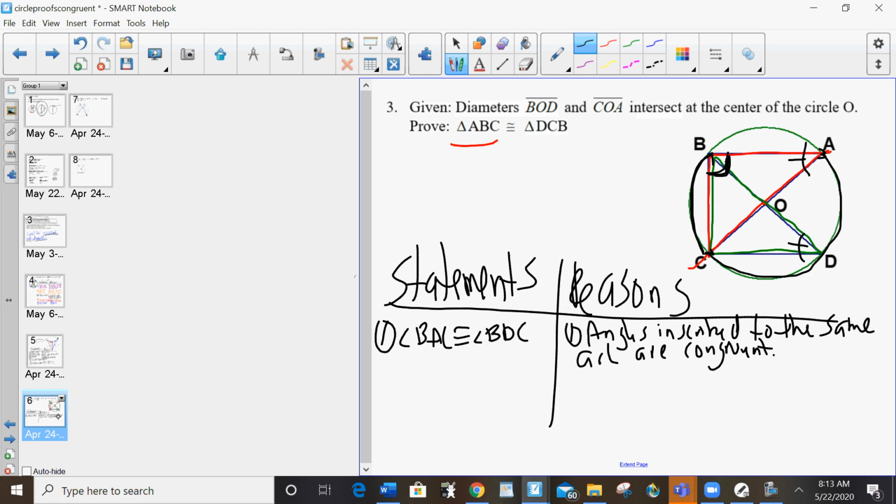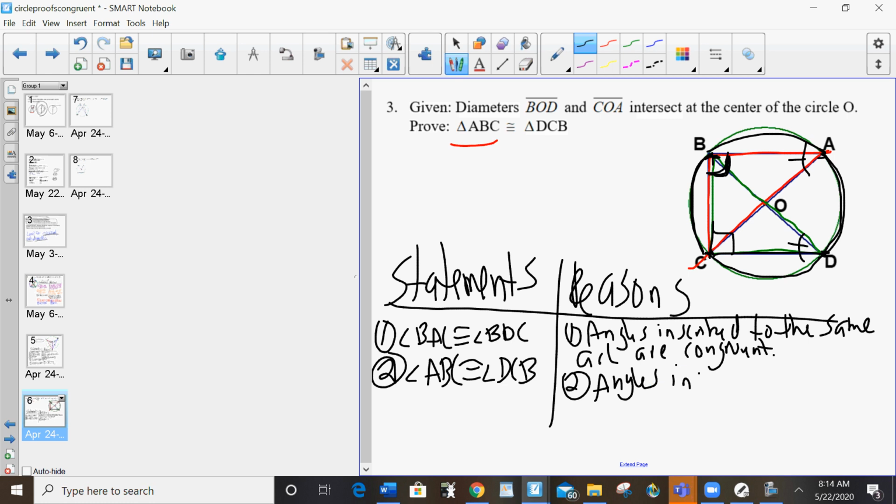In the green, I have the same thing here. This one goes to D, this one goes to B, and DB is the diameter. So I can state that angle ABC is congruent to angle DCB, and I can say angles inscribed to semicircles, because that's this rule.